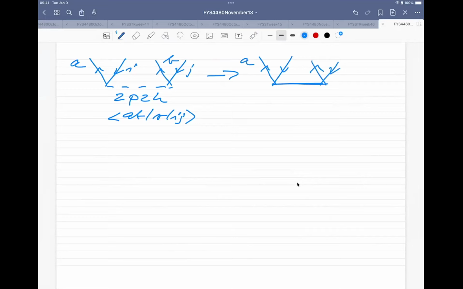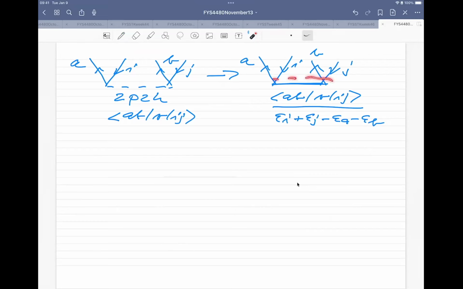Then we have A, B, I, J. And this is now going to represent <AB|V|IJ> divided by epsilon_I plus epsilon_J minus epsilon_A minus epsilon_B. So when you look at this kind of different notation here, it's a way to indicate that you have actually calculated something which is not only this one, but it includes something more.